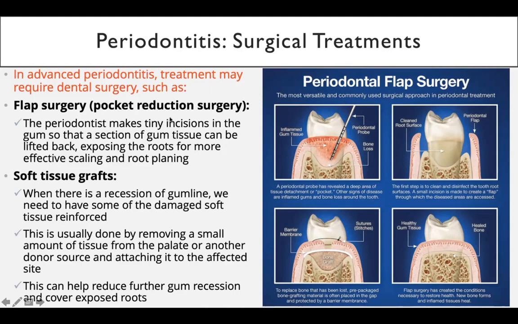So that's why we need pocket reduction to make sure the teeth stay in the alveolar bone and to reinforce the teeth inside the alveolar bone and around the tissues. The periodontist makes tiny incisions in the gum so that a section of gum tissue can be lifted back. So what a periodontist does is make tiny incisions, cuts in the gum.